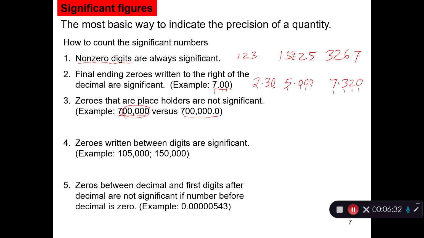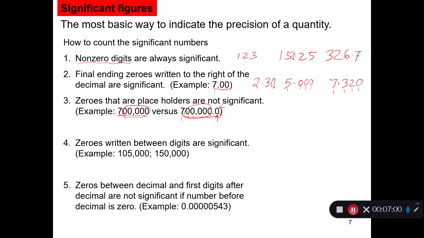But look at this one, 70000.0. This 0 is significant because it is on the right side of the decimal. So these are not placeholders actually, because they come before the decimal with a 0 at the back. So this one has 1, 2, 3, 4, 5, 6, 7 significant figures.